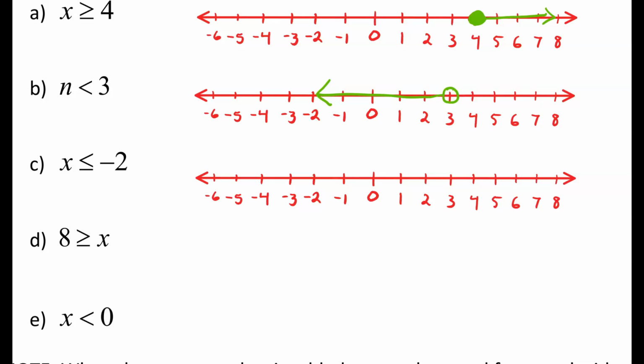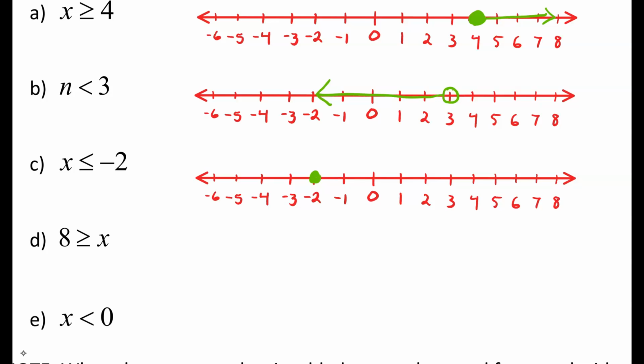For c, you have x, and then it's opening up towards -2 with a line underneath, meaning that x is less than or equal to -2. So we have -2, and it can be equal to it.